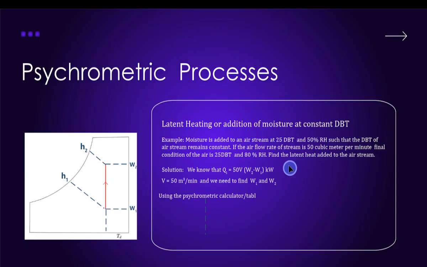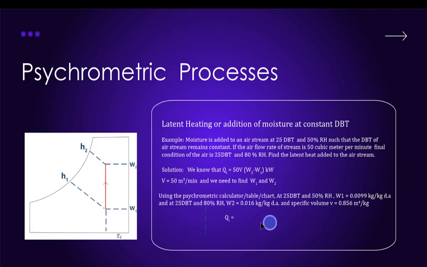Okay, so using the table or chart, we find that at 25 dry bulb temperature and 50% relative humidity, W1 comes out to be 0.0099 kilogram per kilogram dry air, and at 25 degrees dBT and 80% relative humidity, W2 comes out to be 0.016 kilogram per kilogram dry air, and the specific volume is 0.856 meter cube per kilogram.